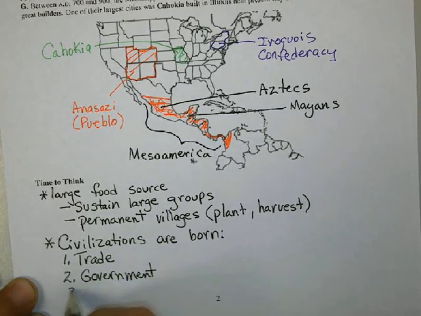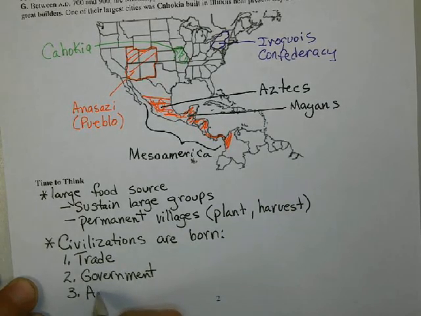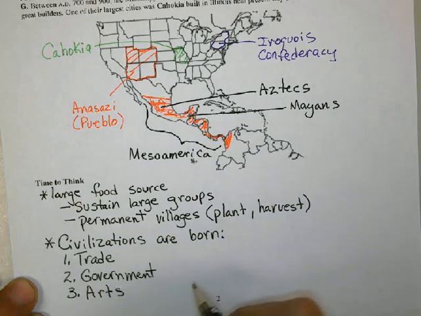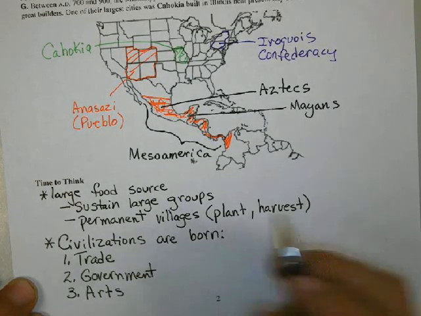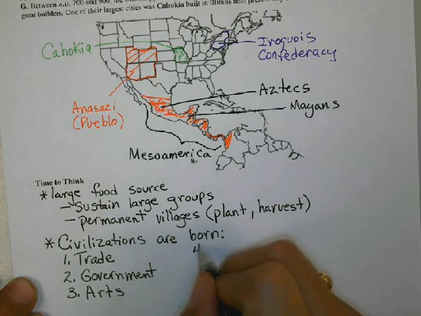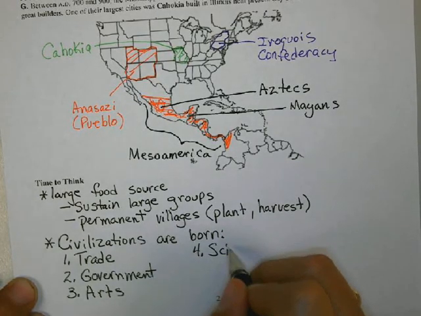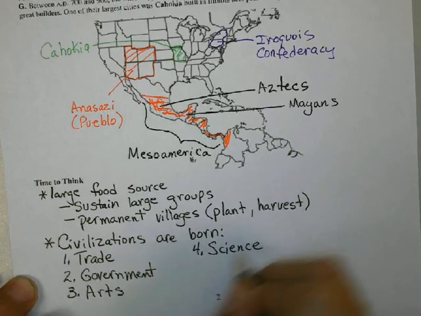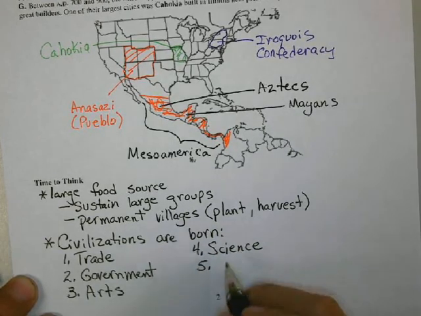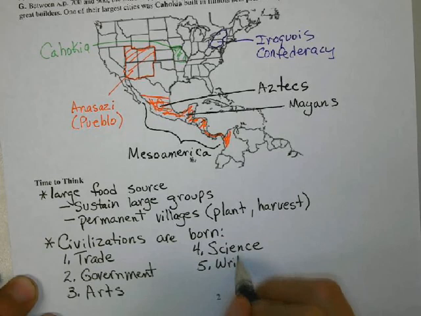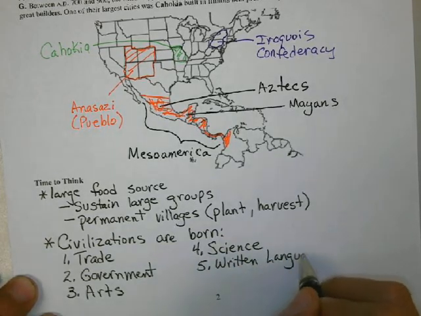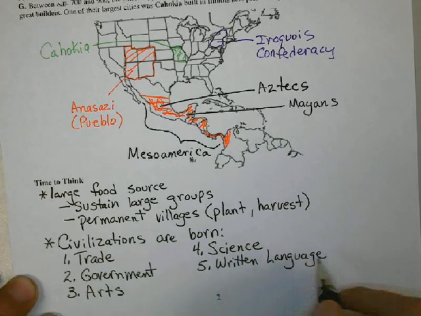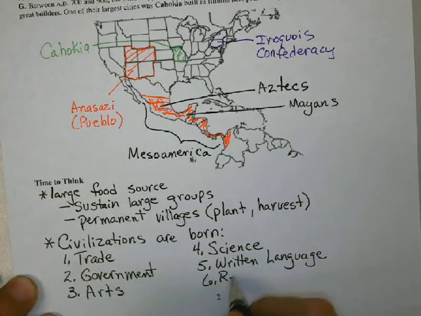Number 3, you have to develop arts. And again, these are what scientists consider to be present in order for an area to be called a civilization. Number 4, science. Number 5, a written language, even if it's hieroglyphics. And eventually number 6 becomes available, and that's going to be religion.